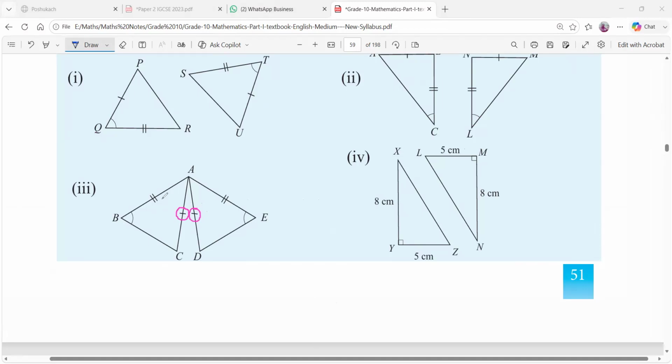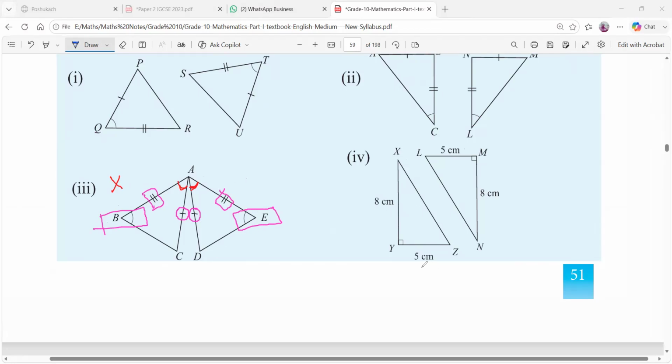And these two sides are equal, no? But is that the included angle? Included means it should be placed between the considered lines. So is this one congruent? Not.